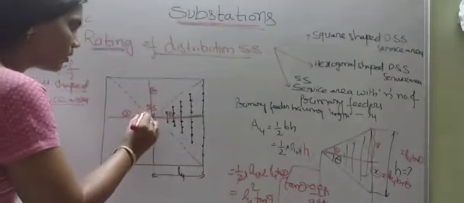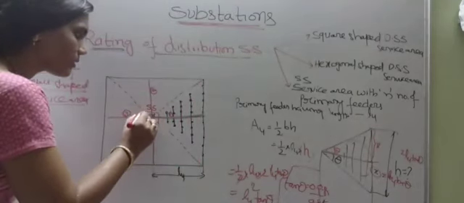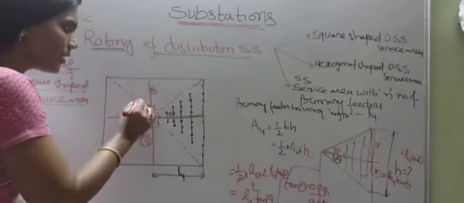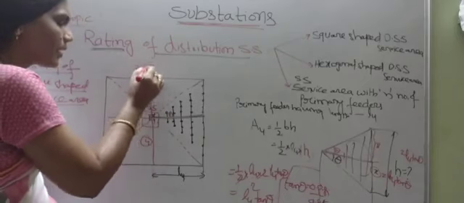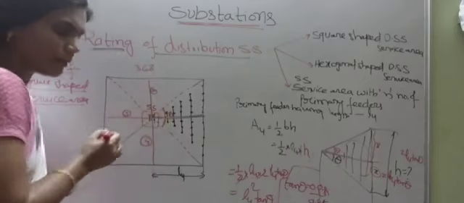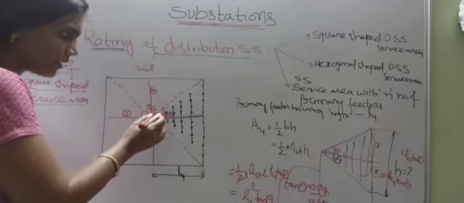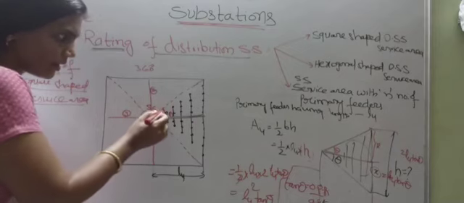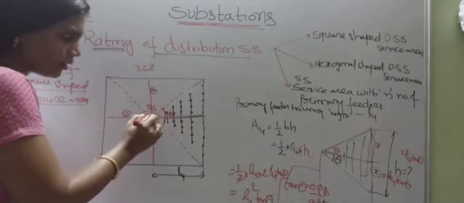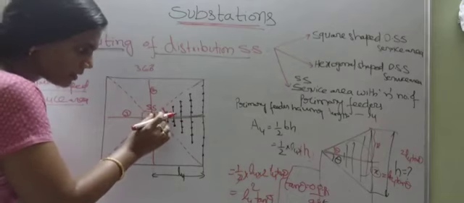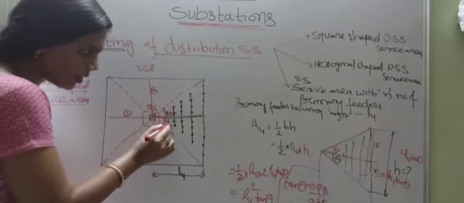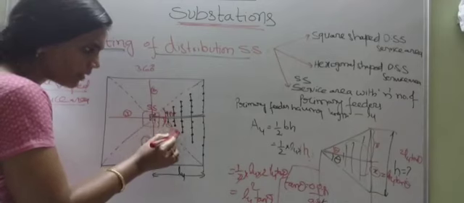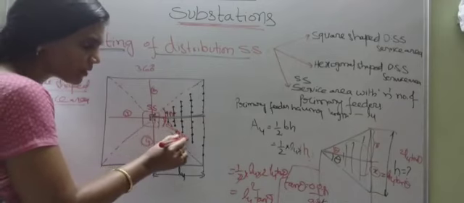The total angle in this square is 360 degrees, and each feeder occupies 90 degrees, bisected by the triangle. So theta is half of this value, that means 90 by 2, that is 45 degrees.